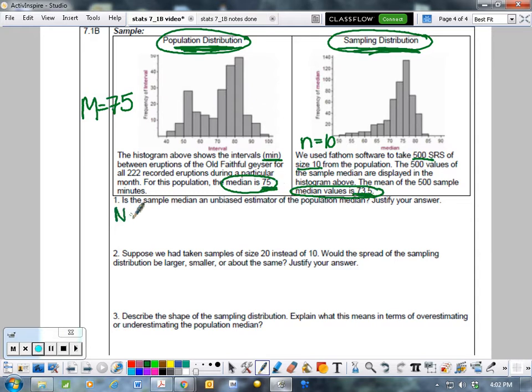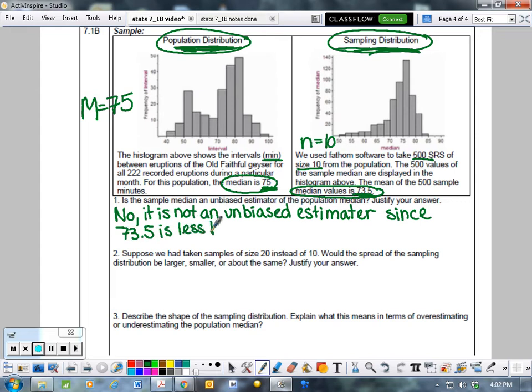So no, it is not unbiased, since 73.5 is less than our population parameter of 75. It is close, but it is not the same. So it's not a truly unbiased estimator.